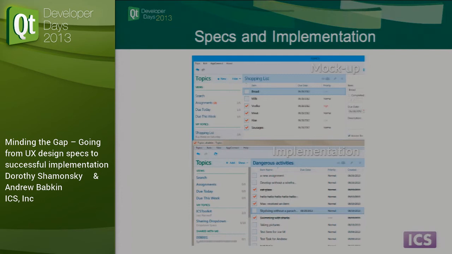Except for the content, these are identical, like 98%, I'd say. So it was a success, and the key thing here was, of course, a good team, and that we had those 2 weeks in advance to work on specs and on design.